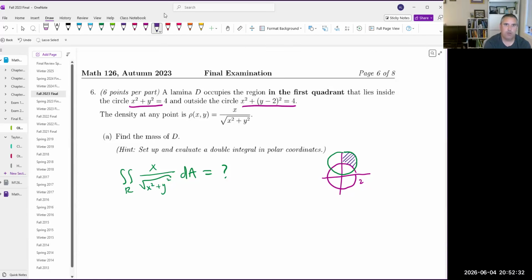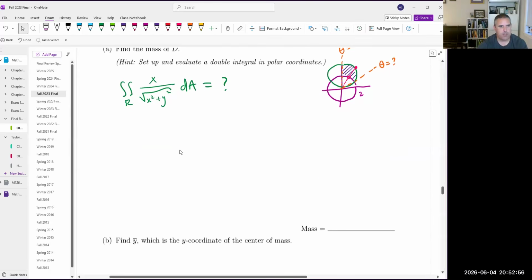So now we're going to play the polar game. We're going to find this angle, which I already know. We're going to convert.